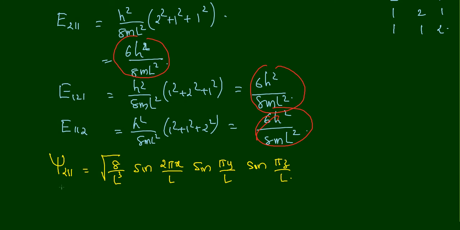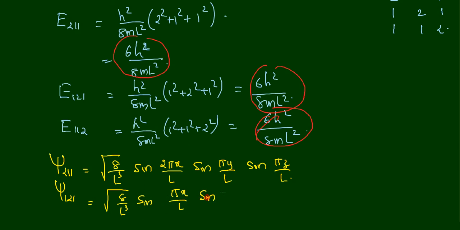Now we can check what is psi 121. Psi 121 is root of 8 divided by L cube sine pi x divided by L, because Nx is equal to 1 in this case.